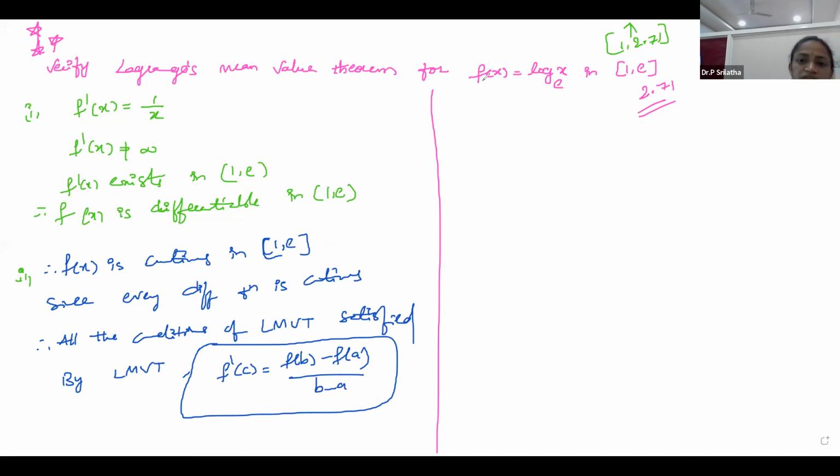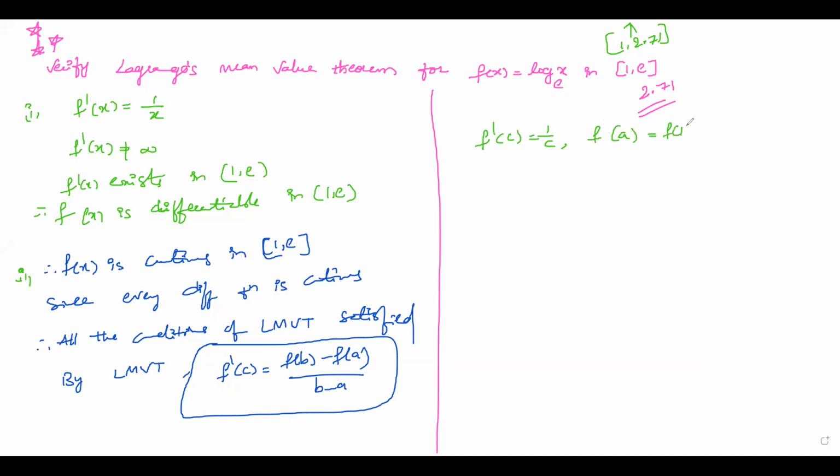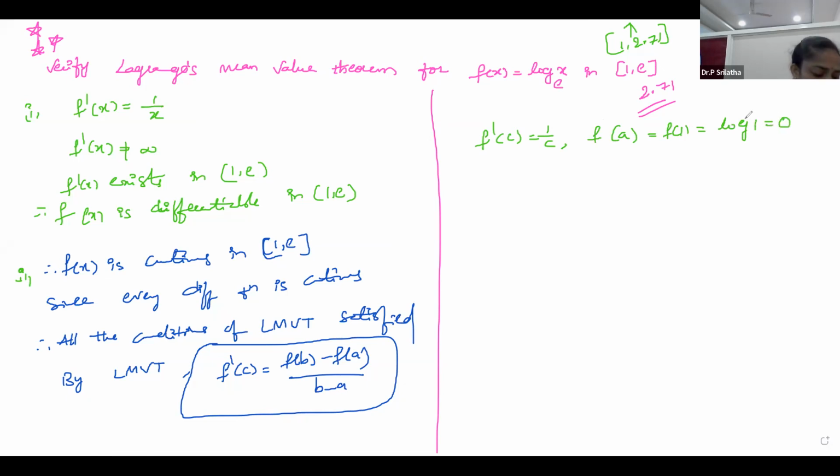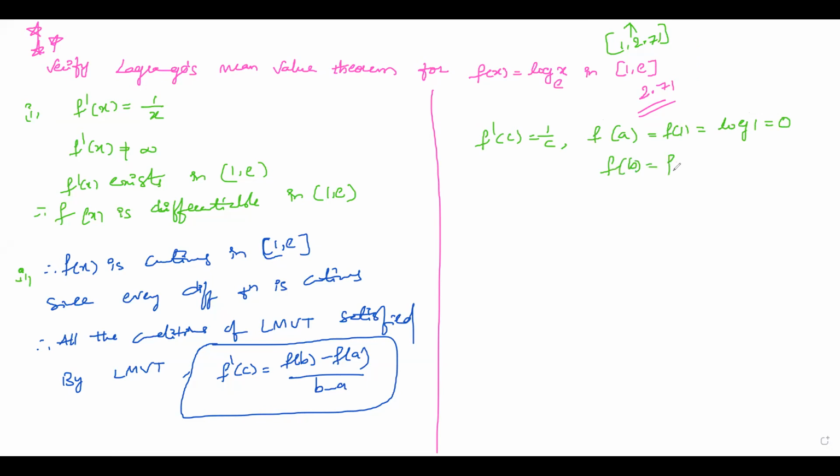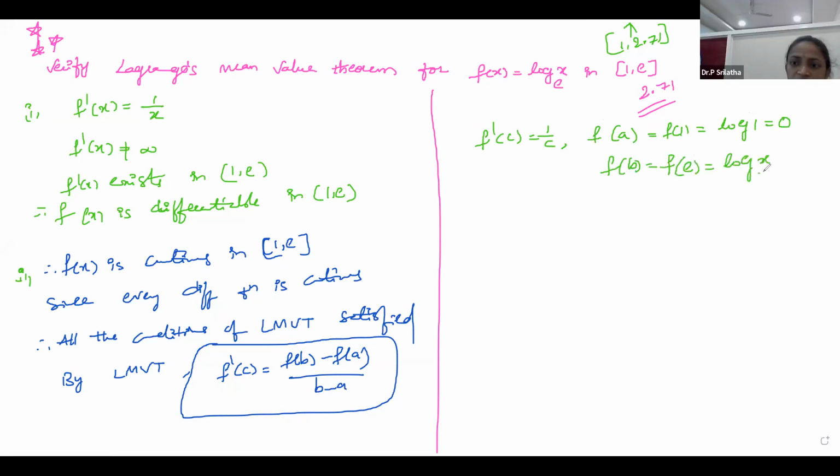So what is f'(c)? It is 1/c. What is f(a)? That is nothing but f(1), so that is log 1, which is 0, isn't it? What is f(b)? That is f(e). We have log x base e, so that is log e base e, which means 1.